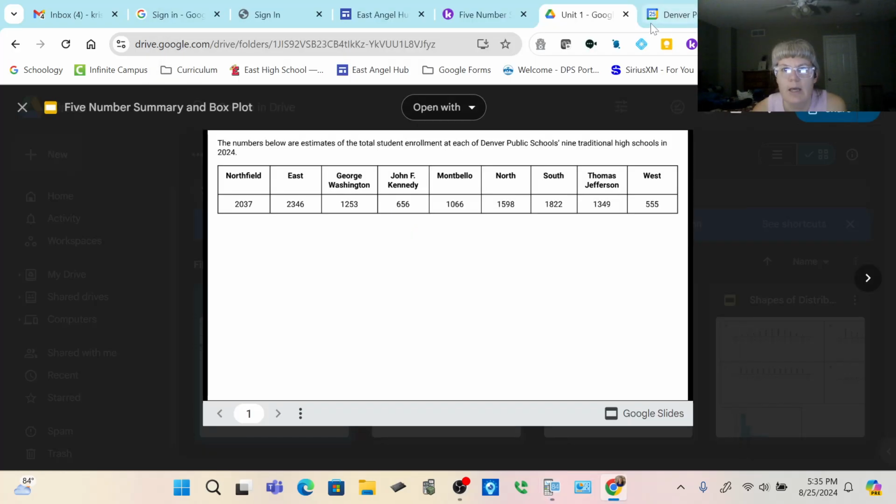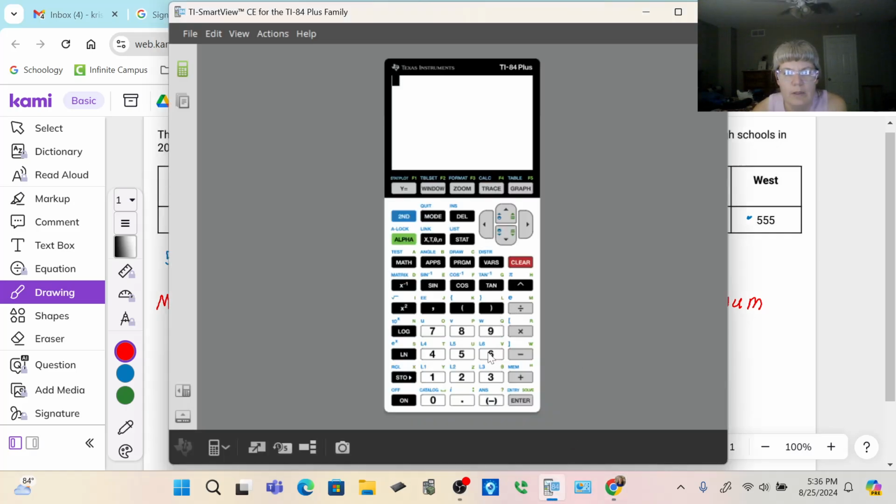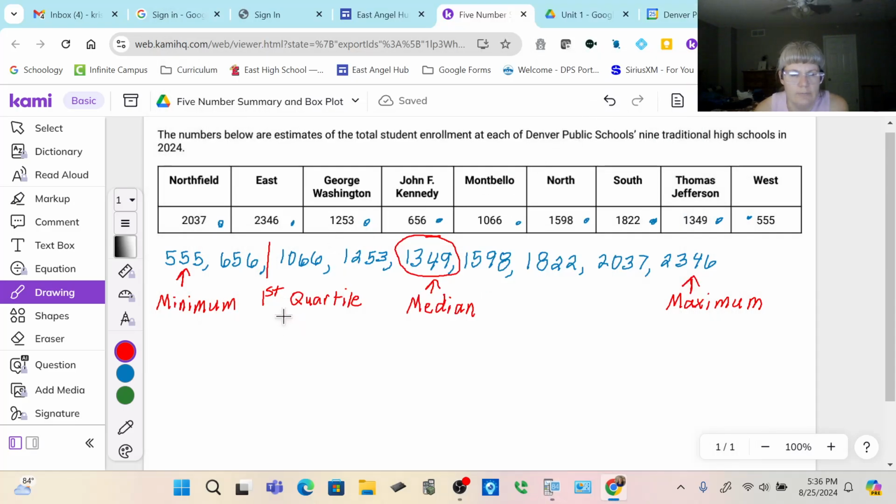Okay, so 656 and 1,066 are going to get added together. 656 plus 1,066. I add those together, and then I'm going to divide that answer by 2, and that gives me my first quartile. 861 is my first quartile.